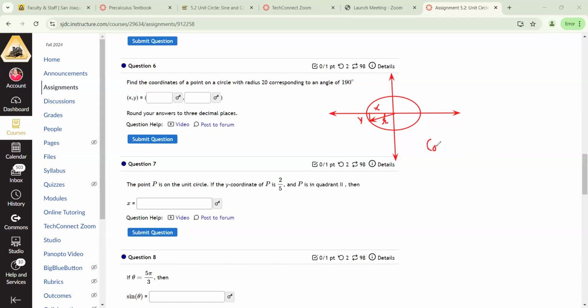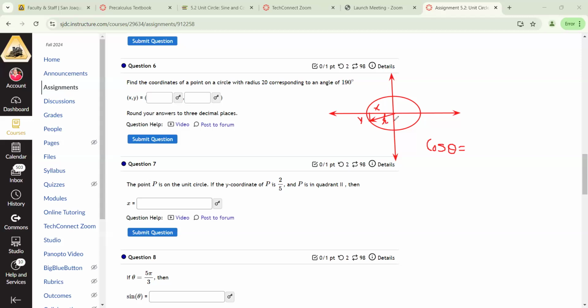SOHCAHTOA, the cos is adjacent over hypotenuse. So cos theta will be x over r from this angle. From this angle, looking from this side, this is opposite, this is adjacent, this is the hypotenuse.